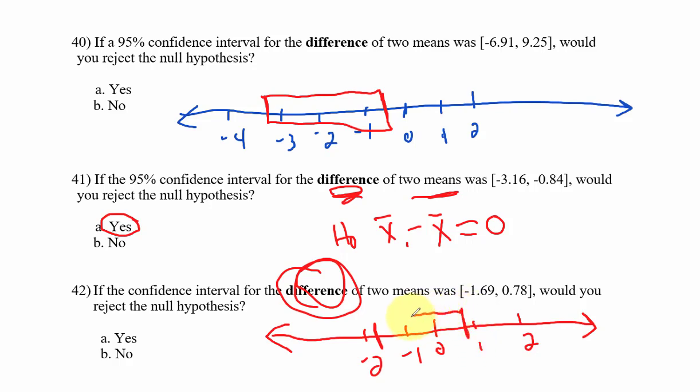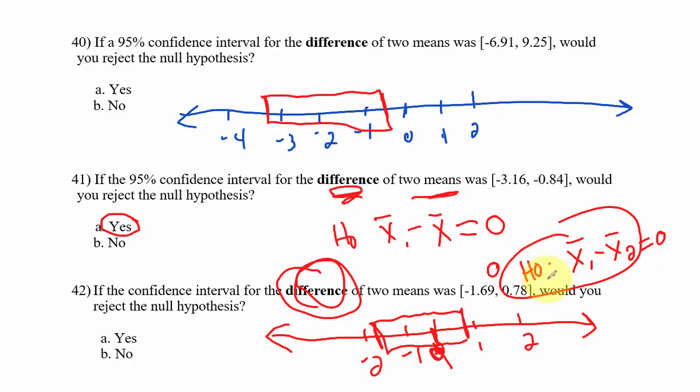So this is our confidence interval. And again, you'll notice that 0 is smack dab in the middle of it. So 0 is in the middle of this confidence interval, again, for the difference between the means. So this could be true, because that's what the null states. So it could be true here.